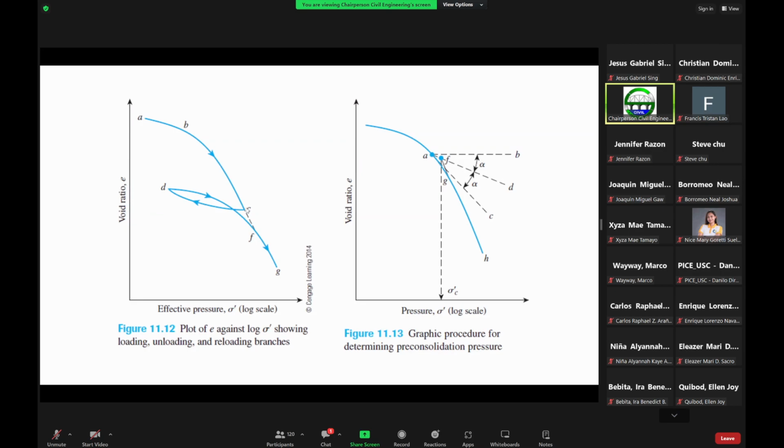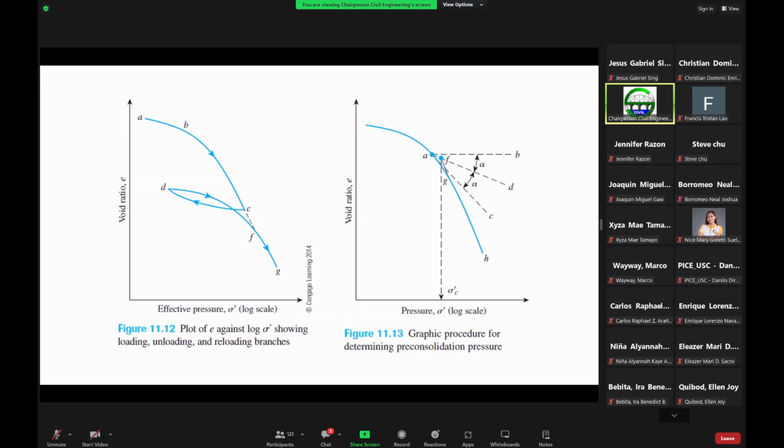And then we subject it to an unloading process, so we release the load in the consolidation test. We release such load, and the soil will try to rebound, and then you will have this curve here, an unloading process. And then again, we load the sample.